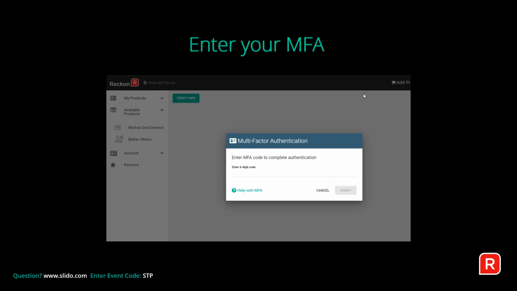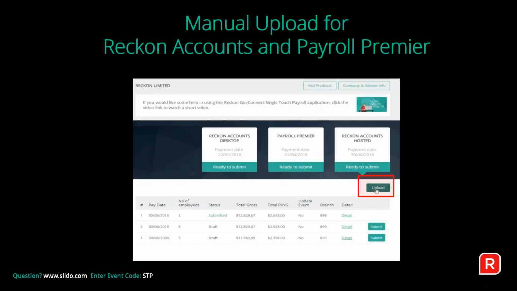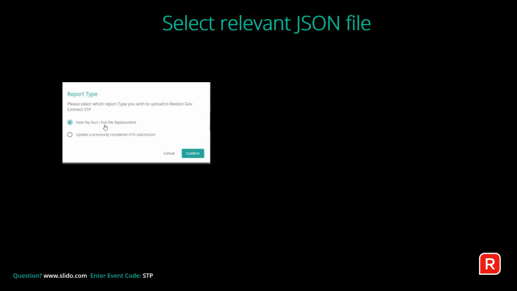Once you've launched GovConnect STP, for Reckon Accounts you need to upload that JSON file that you've saved. On the right-hand side, you'll notice there's an upload button.